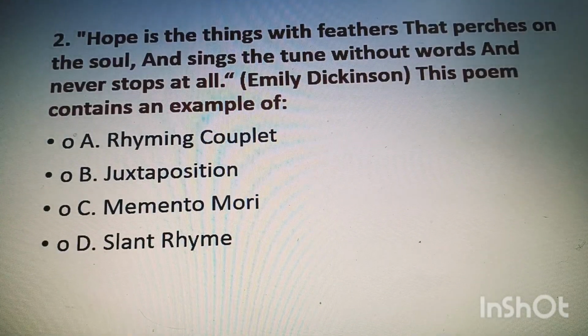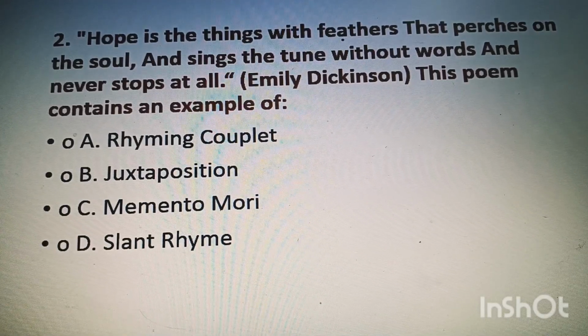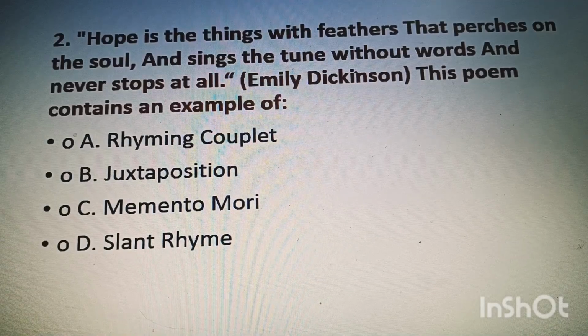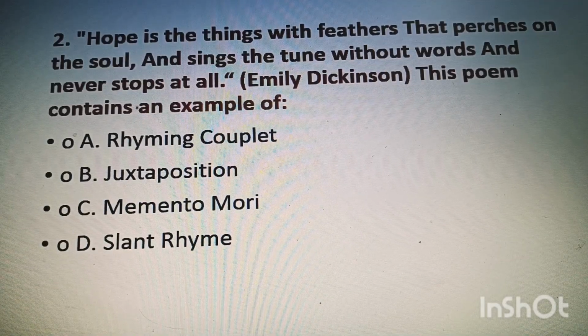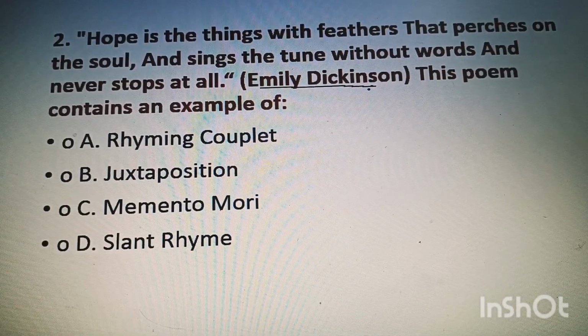Question number 2. Hope is the thing with feathers that perches on the soul and sings the tune without words and never stops at all. Emily Dickinson, a famous English poetess.